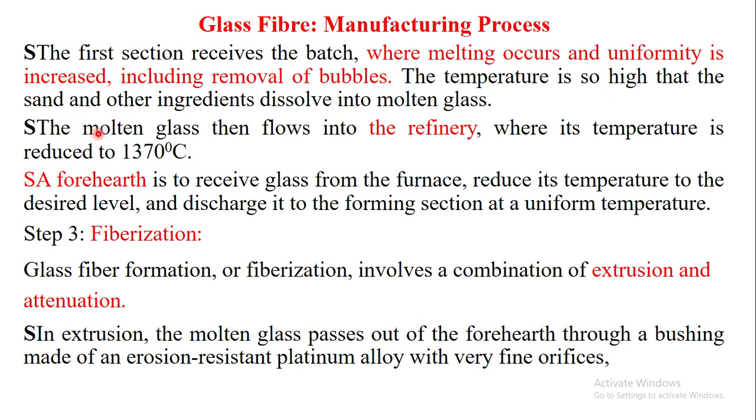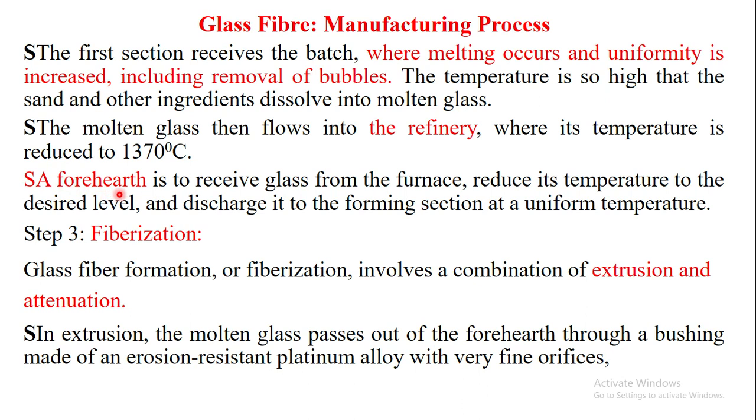In the second section, the molten glass flows into the refiner, where its temperature is reduced to 1370 degrees Celsius. In the first section, the silica sand was melted at 1400 degrees Celsius, so in the second section the temperature should be reduced to 1370 degrees Celsius.